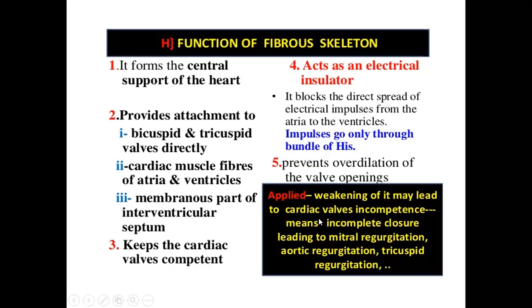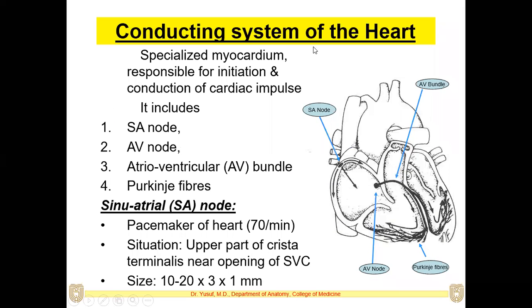They cannot function properly, meaning there can be incomplete closure leading to mitral regurgitation, aortic regurgitation, tricuspid regurgitation. Regurgitation means the backflow of blood, and sometimes there can be stenosis. Stenosis means narrowing of the opening itself. So all these conditions can happen if there is damage to the fibrous skeleton. That's why the fibrous skeleton is very important.